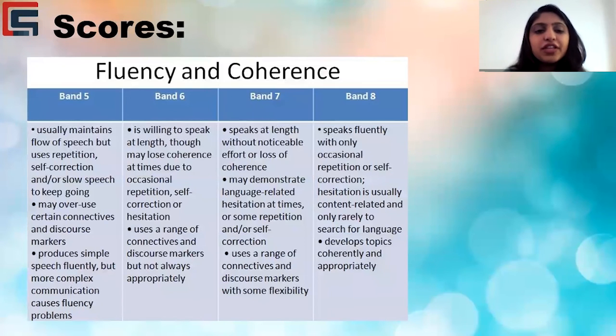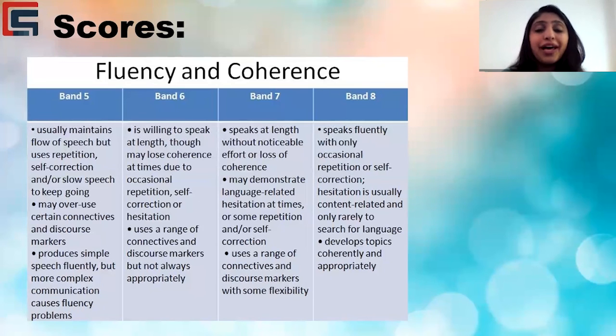Here you have the detailed information about the score, how your scores are being distributed, how you can score from 5 bands to 8 bands. Obviously, people will be seeking advice on how to score higher. Now, for students, you need to score a minimum of 6 bands or more than that if you are applying for academic IELTS.